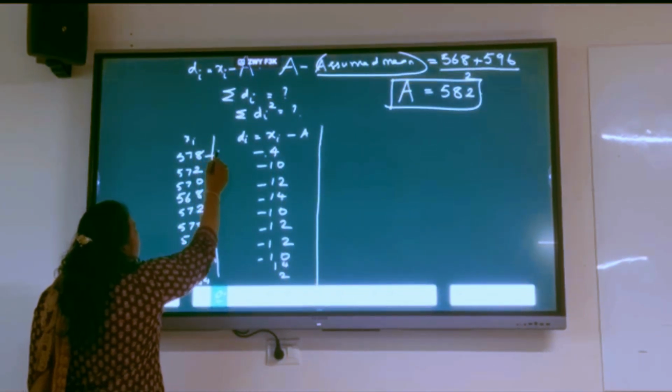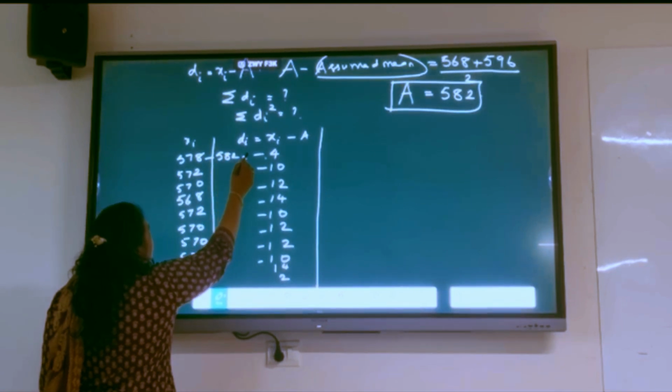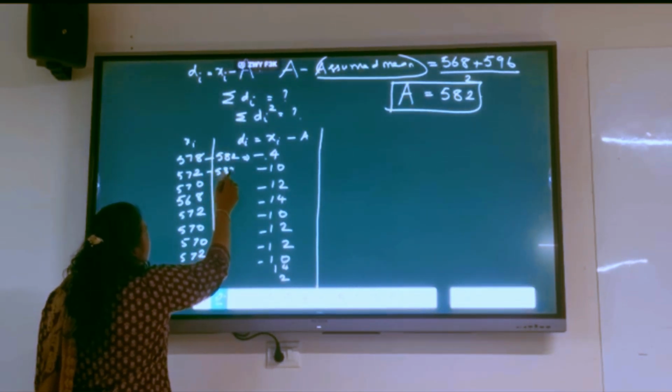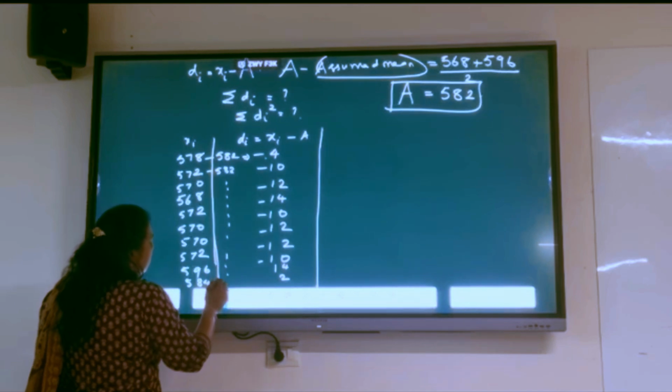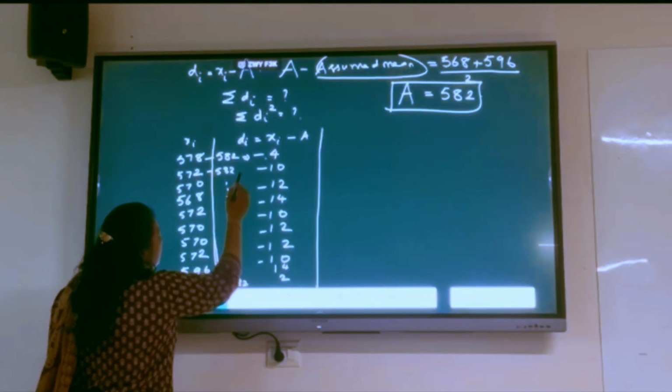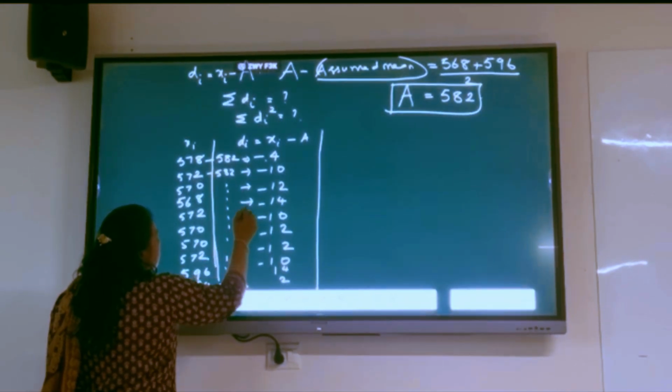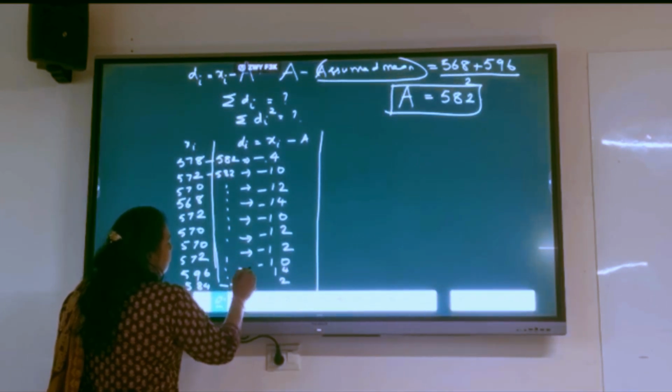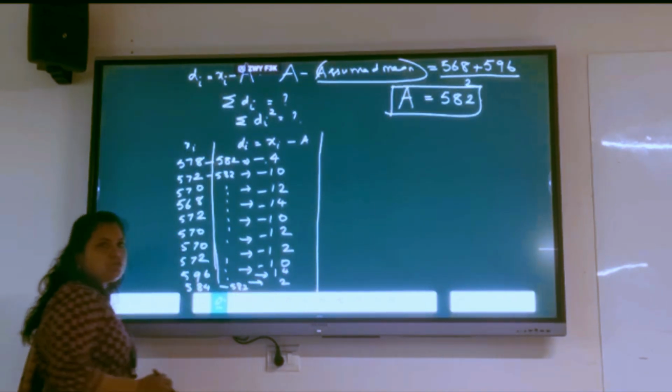So subtract 582 every time, up to the last term. You will get all those values in subtraction. Maybe in addition also you get it.